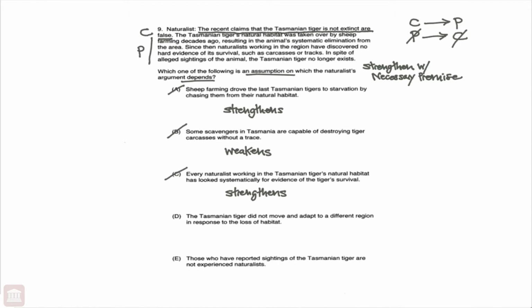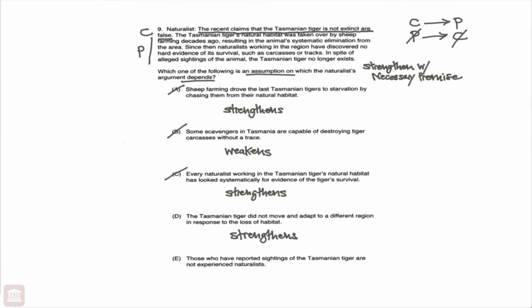So C, while it does strengthen, is not necessary, so C is out. D: the Tasmanian tiger did not move and adapt to a different region in response to the loss of habitat. D clearly strengthens, because the first premise is that the natural habitat was taken over by sheep farming, resulting in the animal's systematic elimination from the area. D tells us that they didn't go somewhere else and prosper. So that clearly strengthens the argument that the claims that they're not extinct are false.